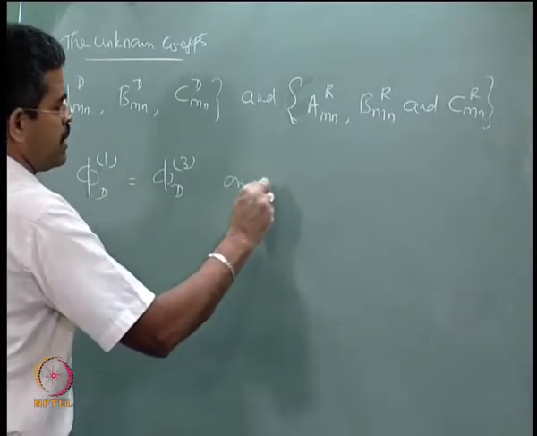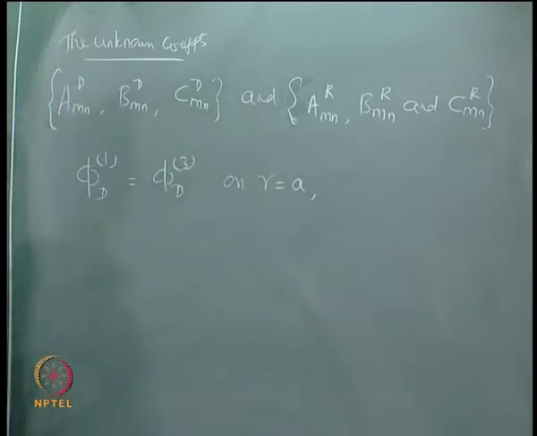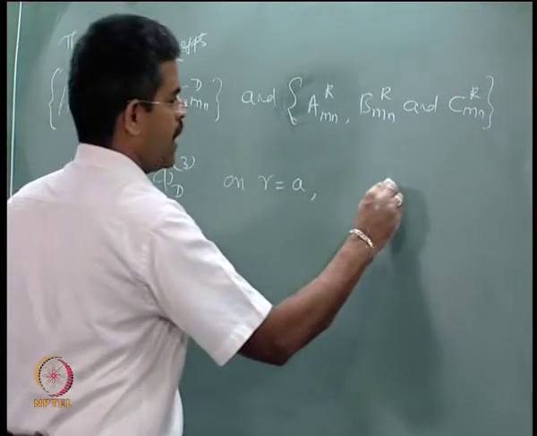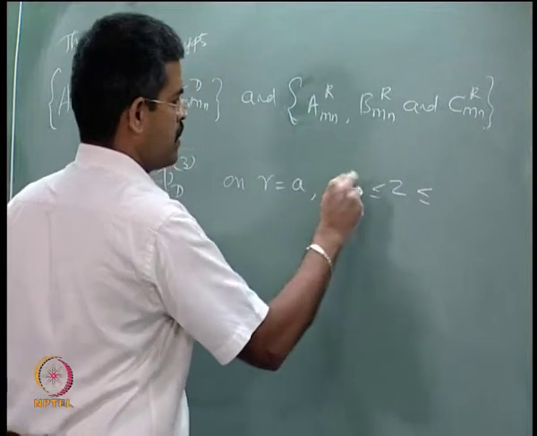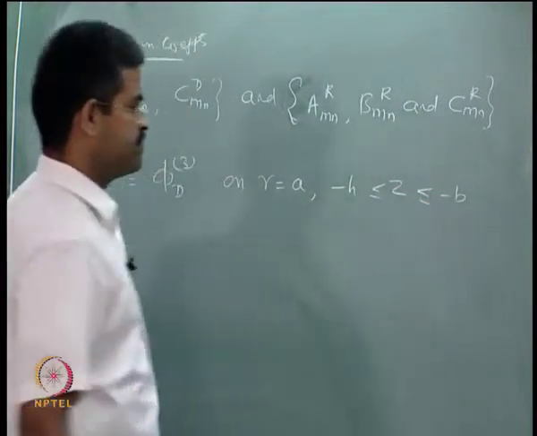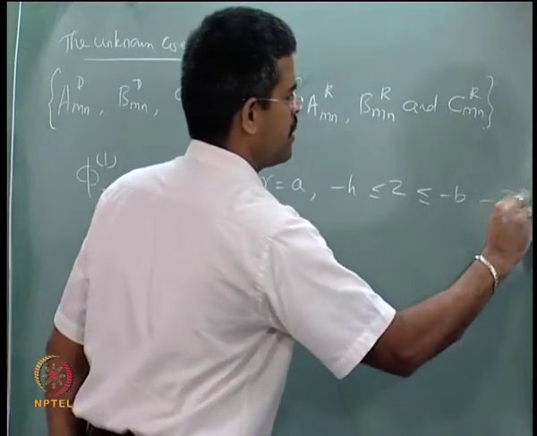On a specific application r equals a, and z varies minus h and minus b, equation number 23.